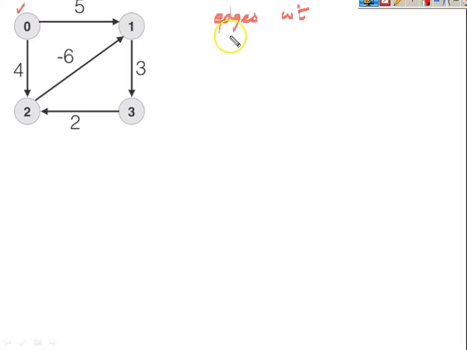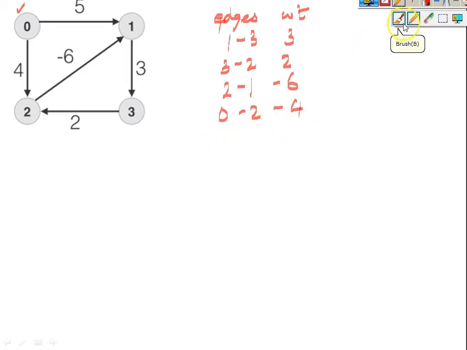So the edges: I have 1 to 3, which is one edge, and the weight is 3. Then I have 3 to 2 and the edge weight is 2. Then I have 2 to 1, which is minus 6. I have 0 to 2, which is, sorry, this is not minus 4, this is 4.